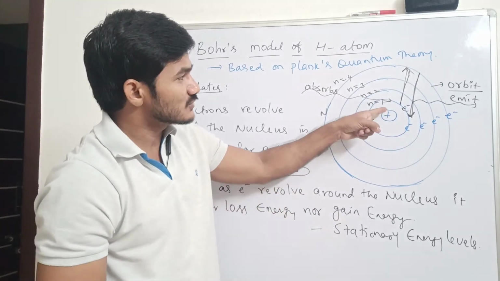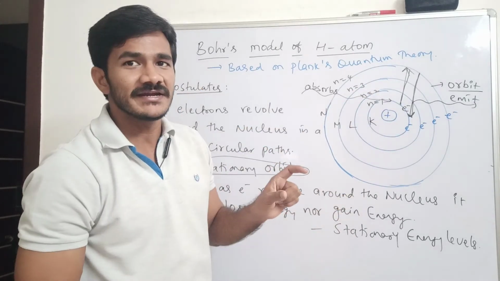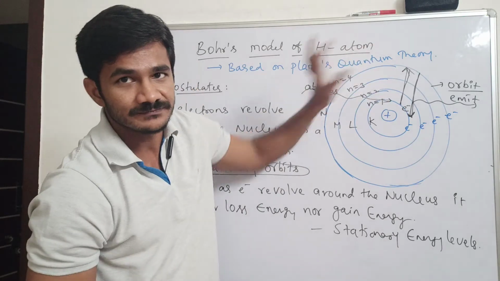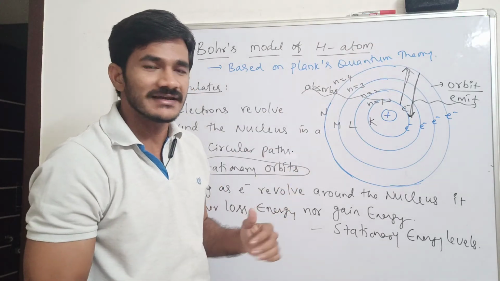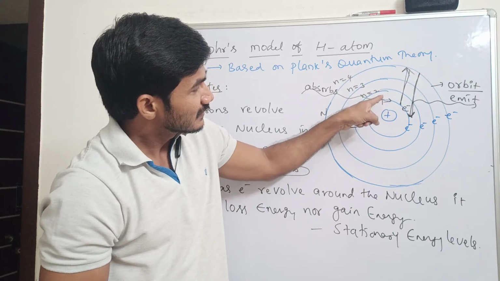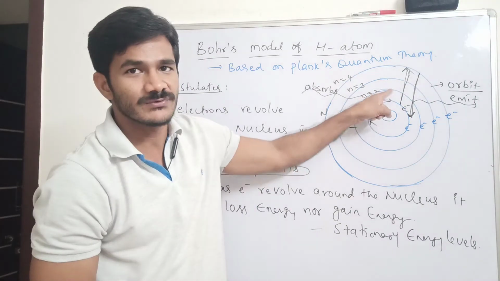Suppose the electron has to shift from the first orbit to the fourth orbit, we have to supply the energy gap between the fourth and the first. If you want to excite the electron from the first orbit to the second orbit, we have to supply the energy gap between the two successive orbits.